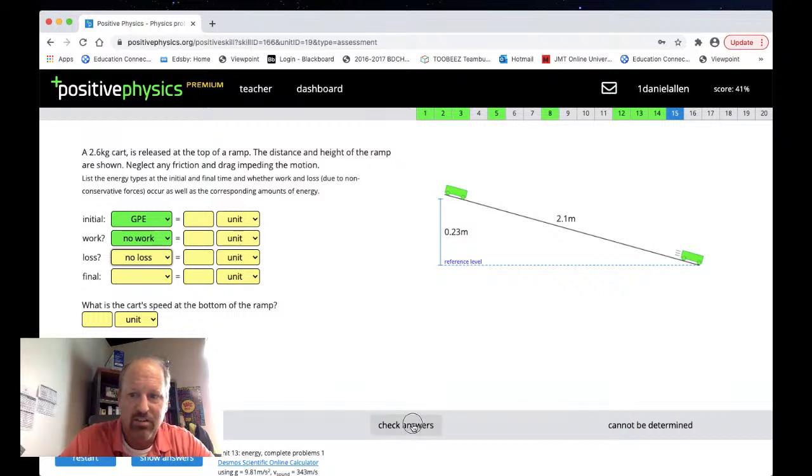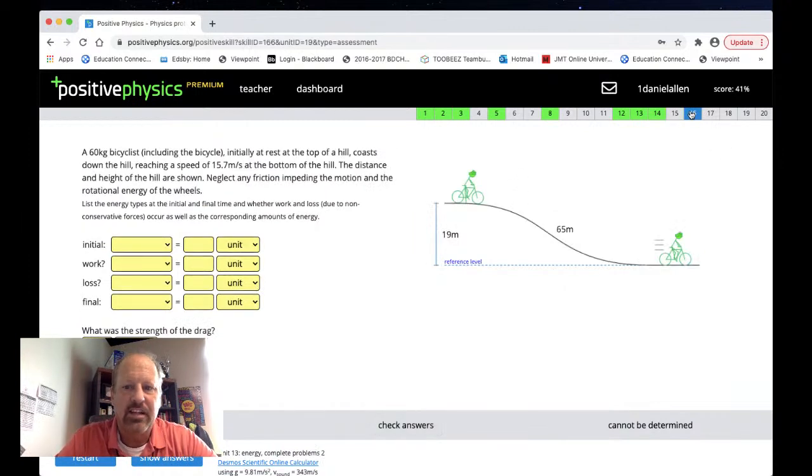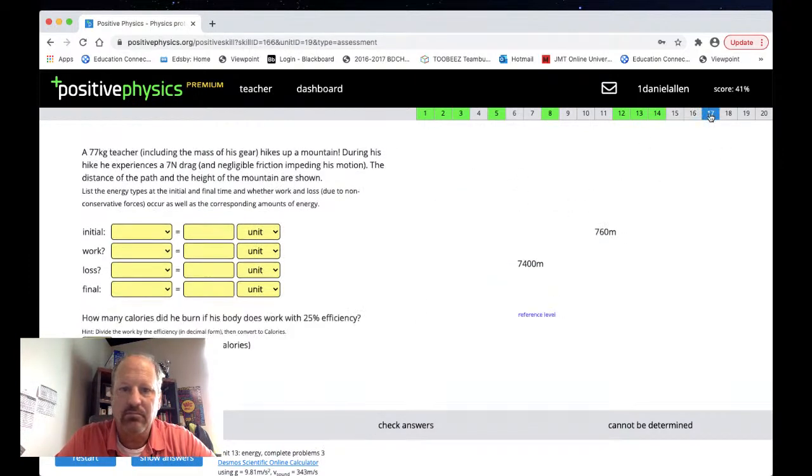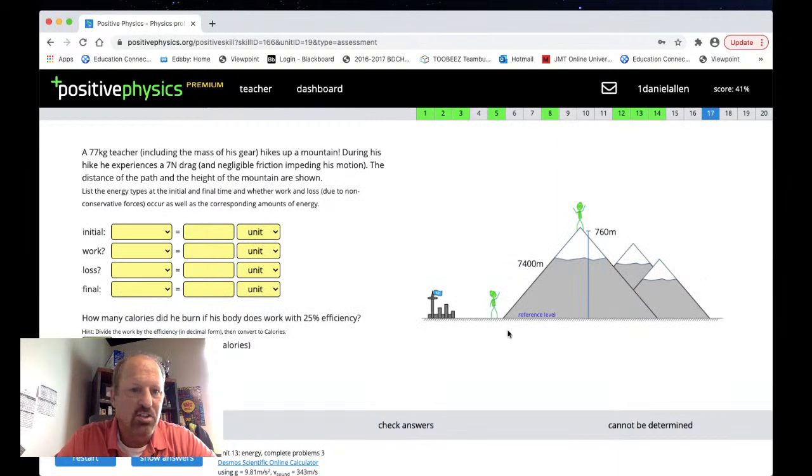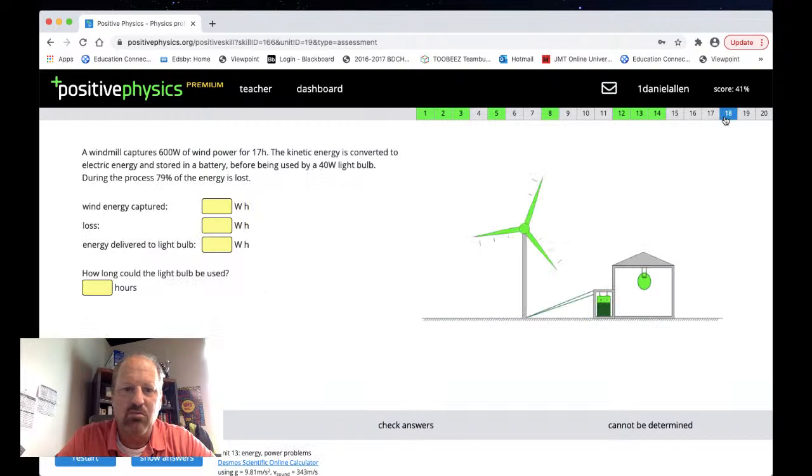And then the final energy is all kinetic energy because it's at the reference level, so there's nothing left. And then you can do your own math here. KE is 1/2 mv squared, GPE is mgh. Okay, same thing here, right? So same kind of deal. We're just looking for where's the work put in, where's the change.